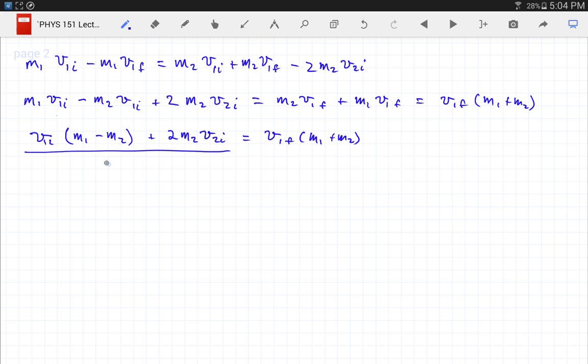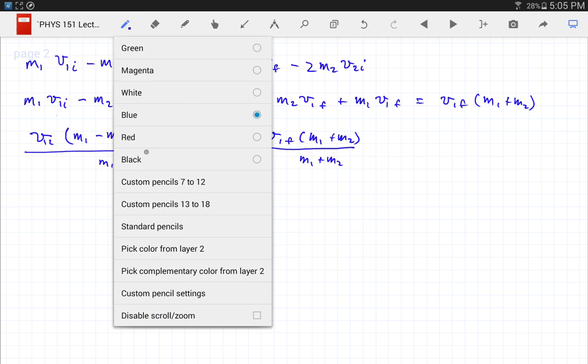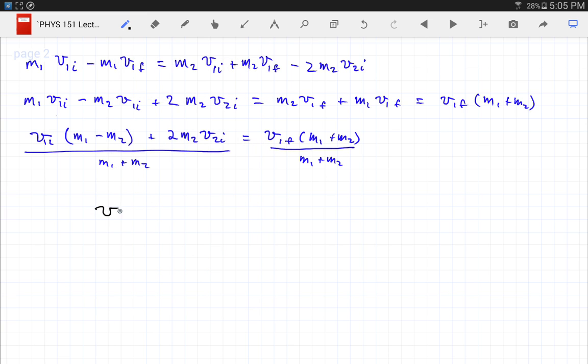Now divide everything by M1 plus M2, and I'm left with my equation for the answer. V1 final is equal to V1 initial times (M1 minus M2) plus 2 M2 V2 initial, all divided by M1 plus M2.